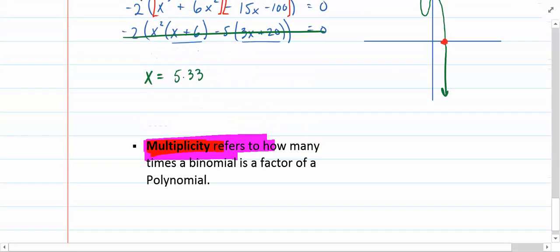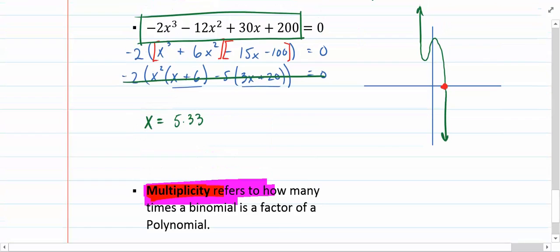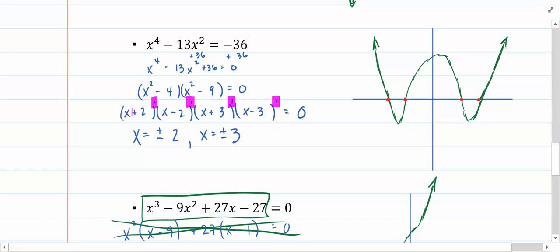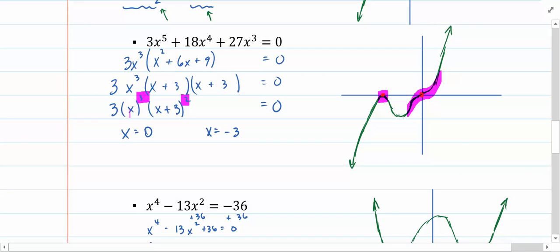So if a worksheet asks you to state the multiplicity, just tell me what degree is associated with each of the factors. So again, the degree of these factors here would have been 1, so the multiplicity is 1 for each of those. For the multiplicity of this, we would say it's 2. I'm sorry, this one's 3.